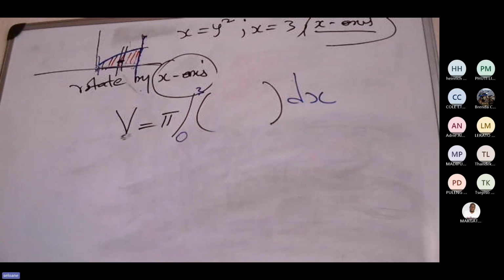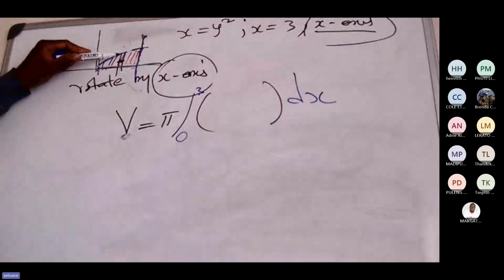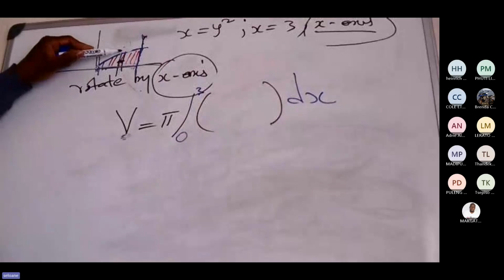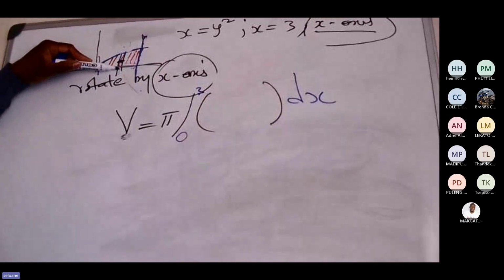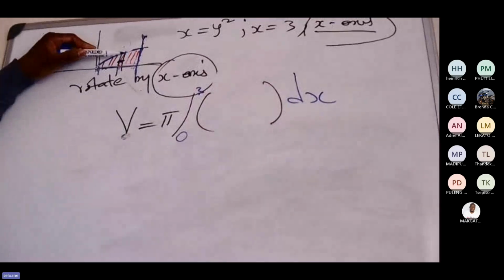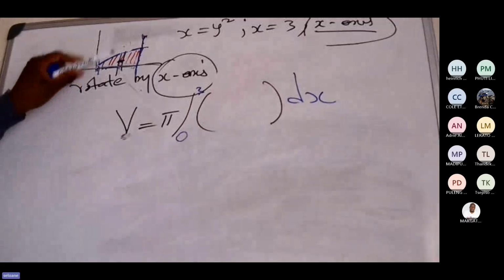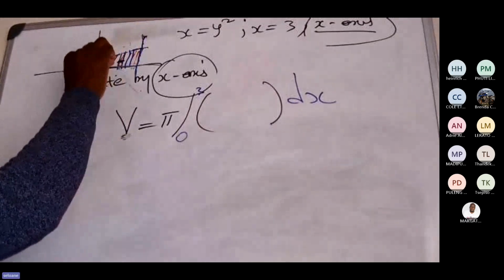Then from there, next, it will not be the radius now. The radius of this will be the distance from here up to here, which is now a vertical distance, which means it will be y here minus y here. It doesn't matter whether you cut here or here or here.